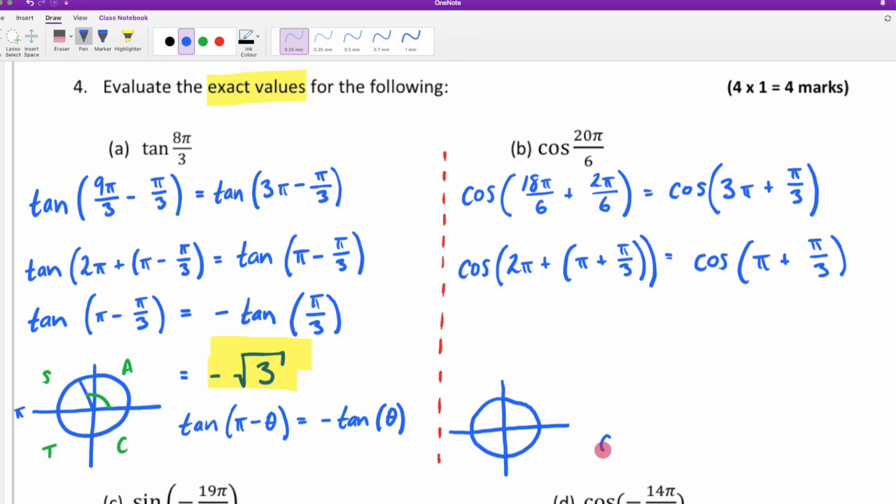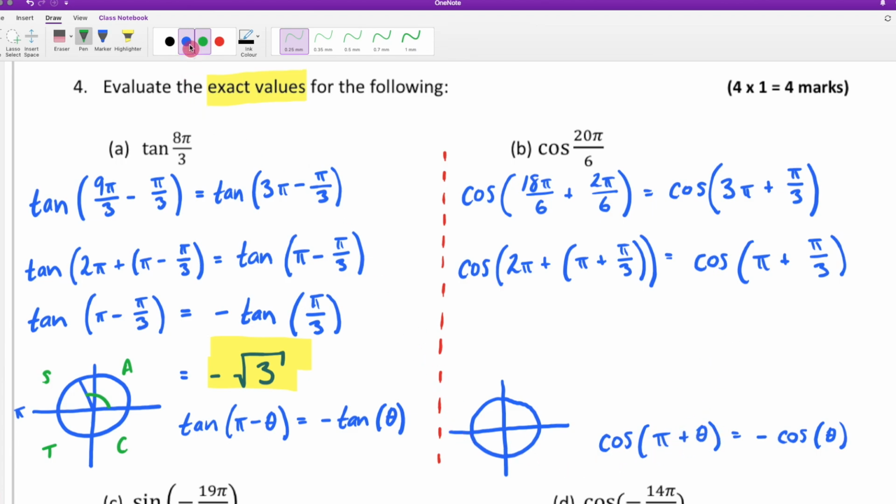We know that when we have cos of pi plus an angle, that is the same as negative cos of that angle.